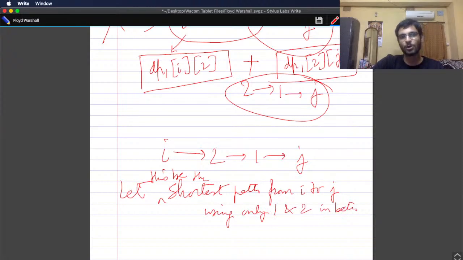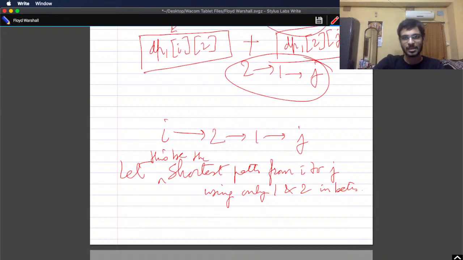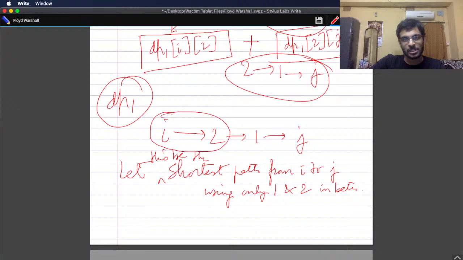You can use at most 1 and 2 in between. So what can we say? Using only 1 in between, which was given by dp1, i to 2 is going to be the shortest path, and we get this from dp1 of i to 2.